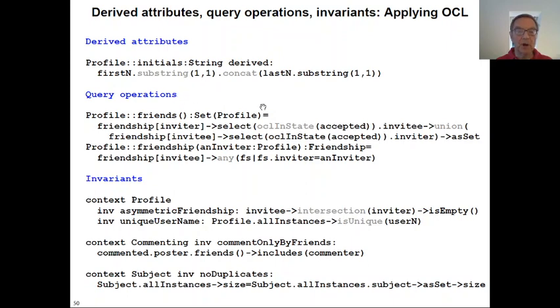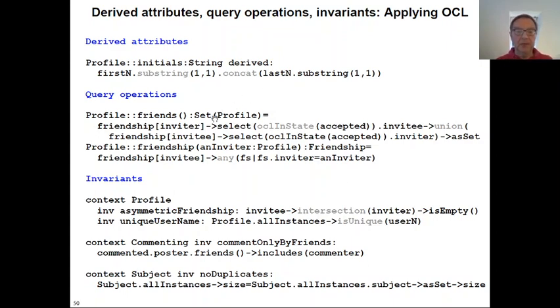There are query operations. In the class profile, we have two query operations. One query operation returns a set of profile, and the other returns a friendship in a particular way.